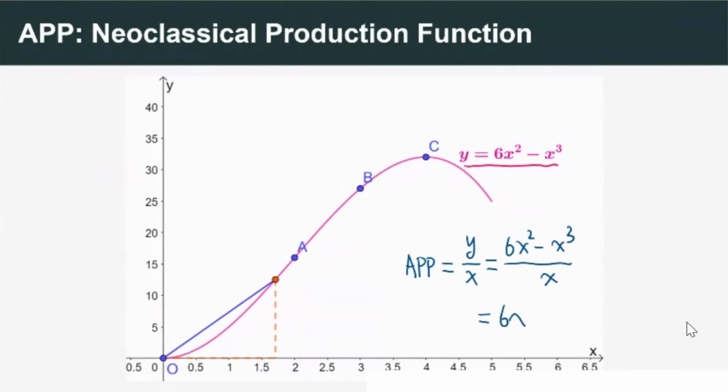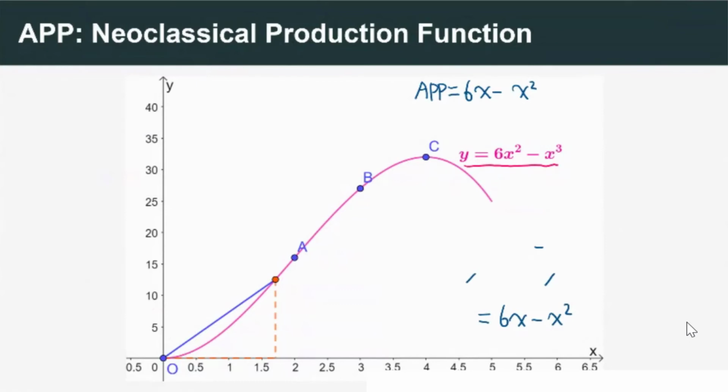You can find that APP is 6x minus x squared. So if you use an algebraic function, then it is really easy to get your APP. Let me write it down here. APP equals 6x minus x squared.